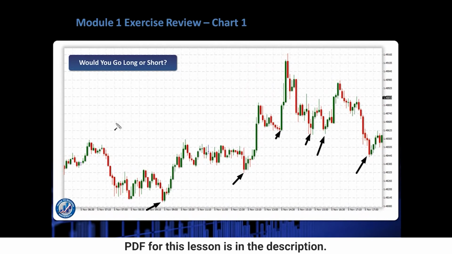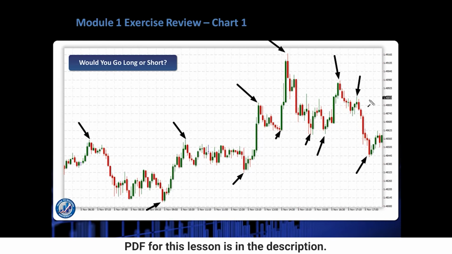We can also see that generally most of the highs are getting higher. Then we obviously have this high here and then this high here, which are showing an actual decline in prices. But generally we see that the trend is up.